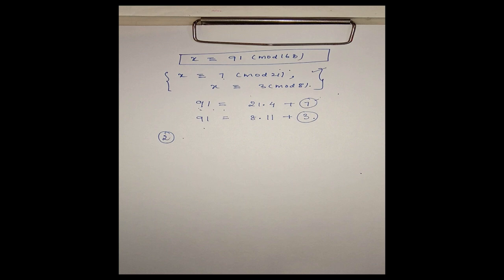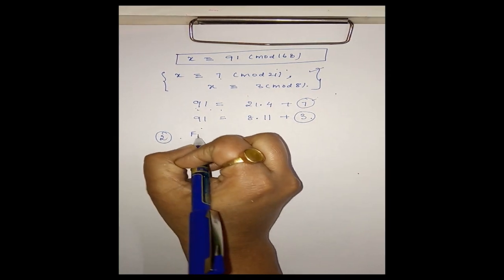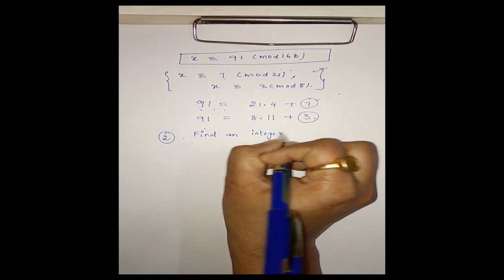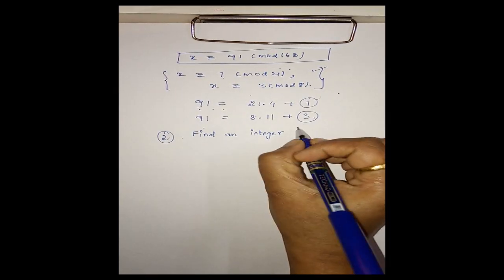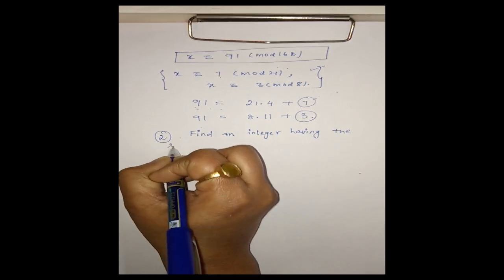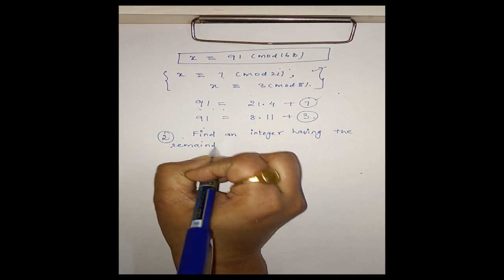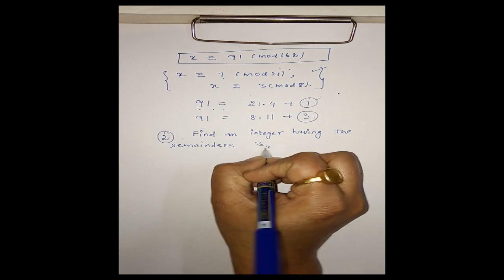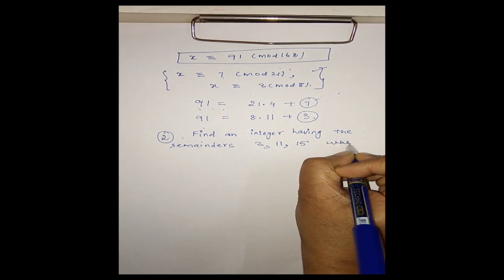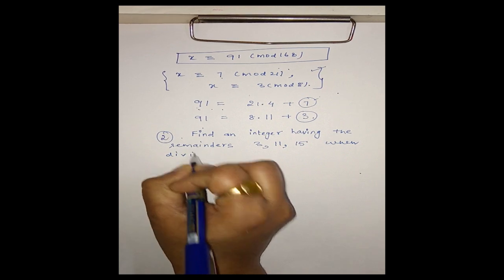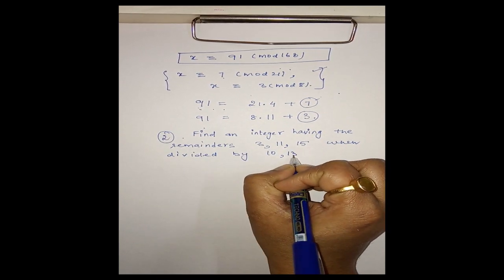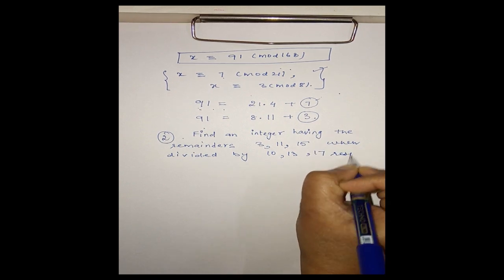Second problem is find an integer having the remainders 3, 11, 15 when divided by 10, 13, 17 respectively.